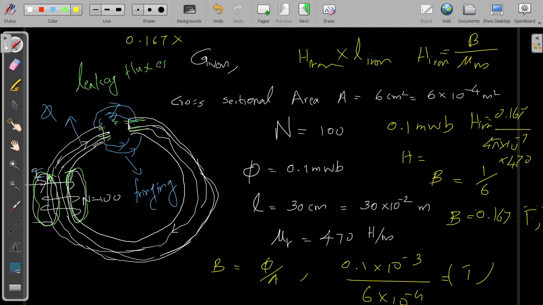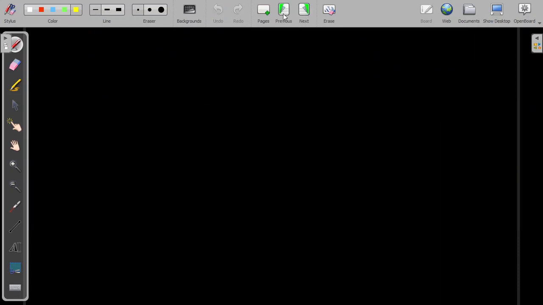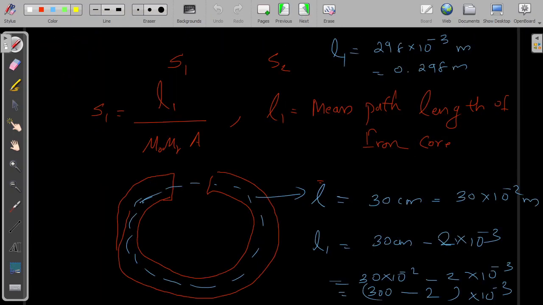Now you multiply H iron into the length. The length here is L1, the mean path length of the iron core, which we have calculated as 0.298 meter.